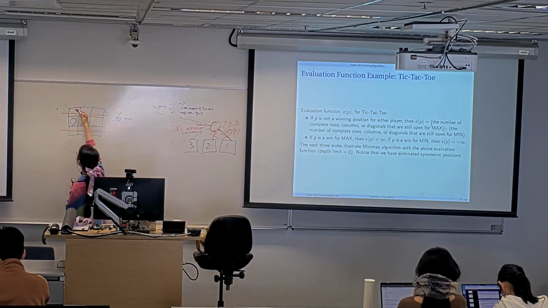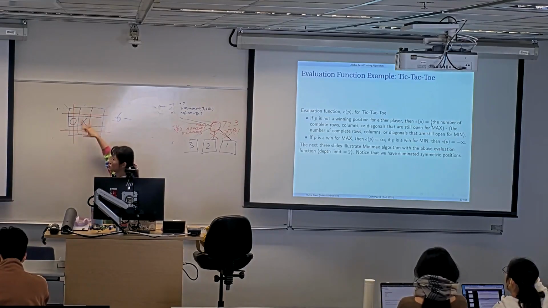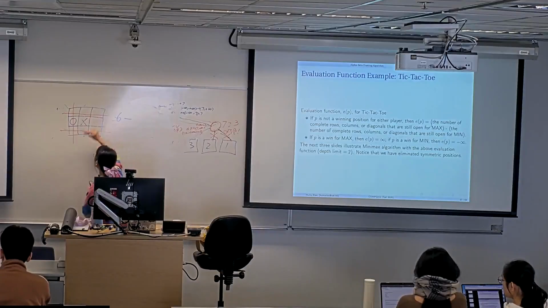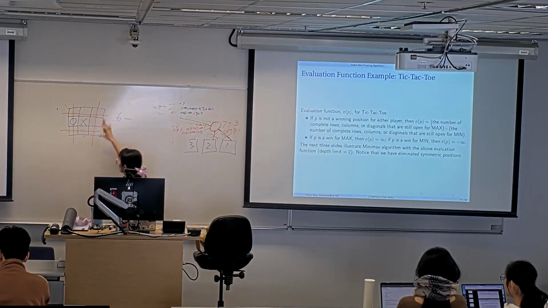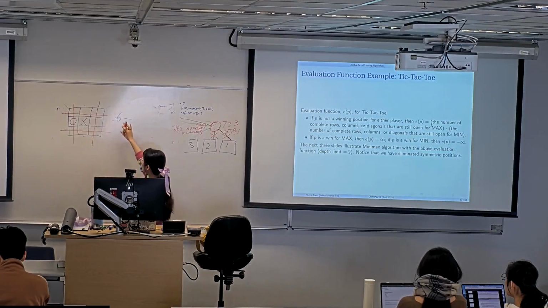And the first column is open for the nodes. The second column is not open. The cross is already here. And then the third column is open for the nodes. The two diagonals are not open for the nodes because the cross is already at the middle. So it should be 6 minus the number of lines, which is 1, 2, 3, 4, which equals 2.